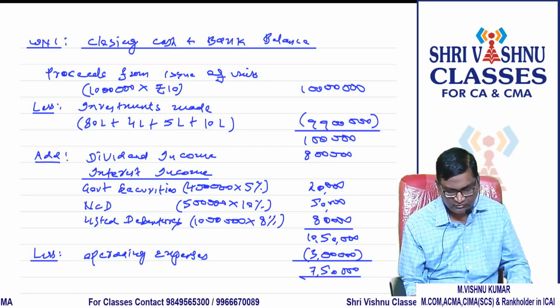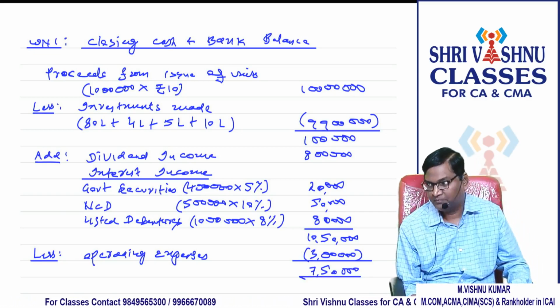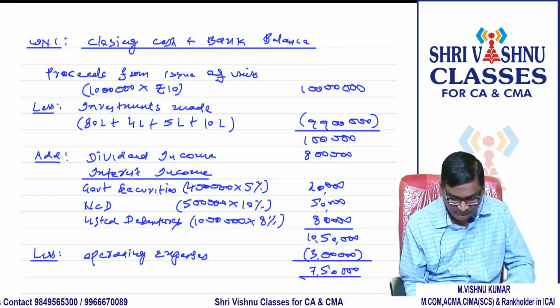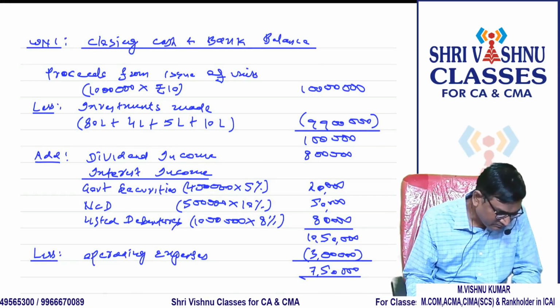So 7 lakh 50,000 is your closing cash balance. 7 lakh 50,000 is what? Closing cash balance. Okay.